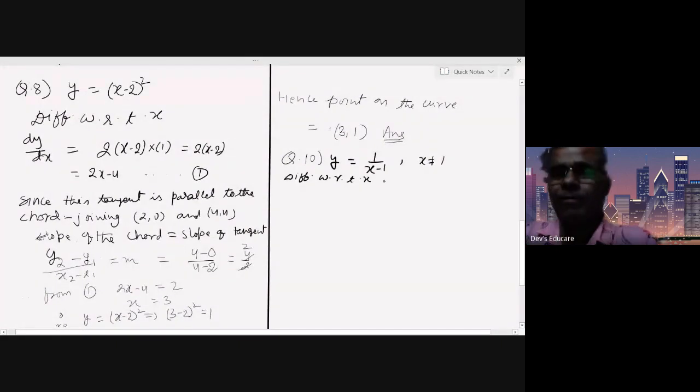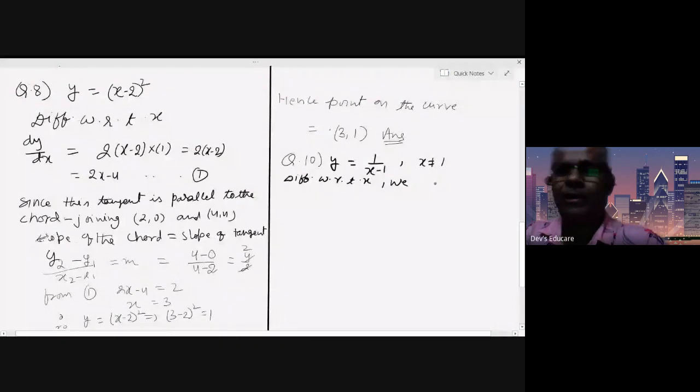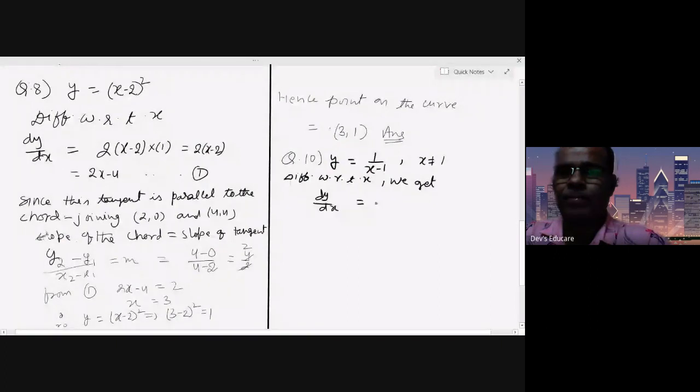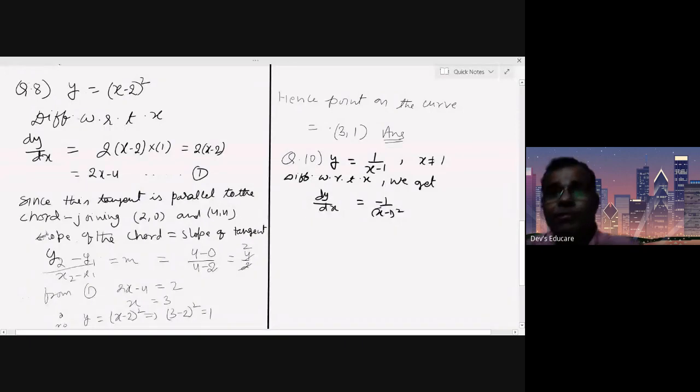We get dy by dx equals minus 1 upon x minus 1 whole square. A student asked me, sir, how did you do this directly? We need not use the quotient rule here. The derivative of 1 upon x is negative 1 upon x square, so the derivative of 1 upon x minus 1 is negative 1 upon x minus 1 square.